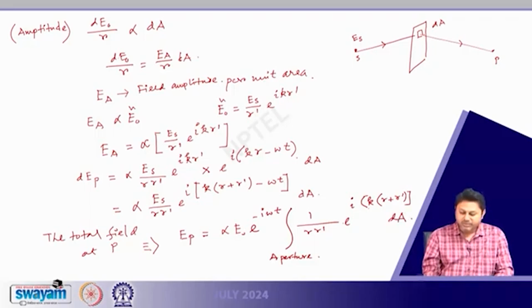So that is the total expression we have, and it suggests how the total field at P is related to the field at S. If I know everything, then by doing this integration I can find the field at P. So, that is the structure.